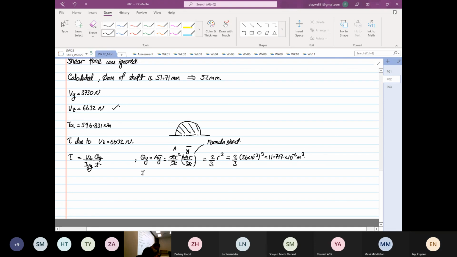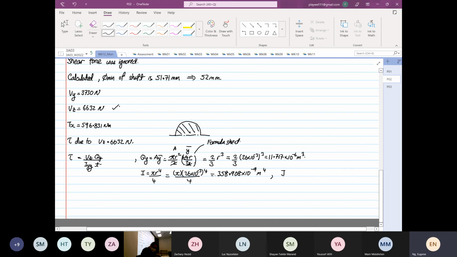Our I is equal to pi r to the 4 over 4. So we have our pi, our radius is 26 times 10 to the power minus 3, to the power 4, times pi, divided by 4, which is equal to 358.908 times 10 to the power minus 9 meter to the power 4.